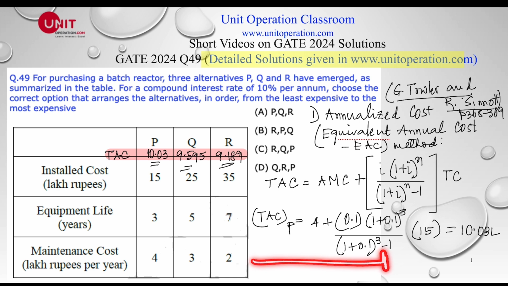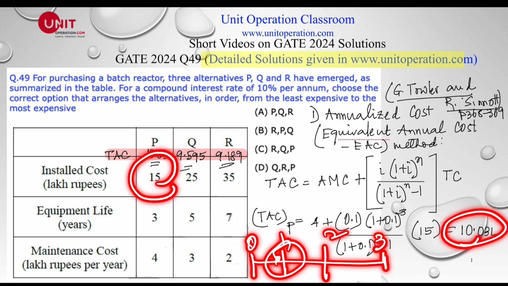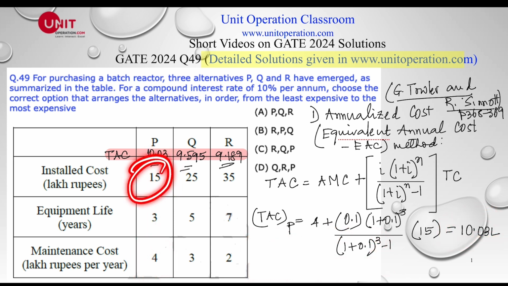It's right here, so this is 0, 1, 2, and 3. So for each year, what will be the value? So that's 10.03 lakhs. So that's taking into account all the values here, the maintenance cost and the project cost for a total year of project life. That means 3 years. So that is the basic idea behind this ESC method.